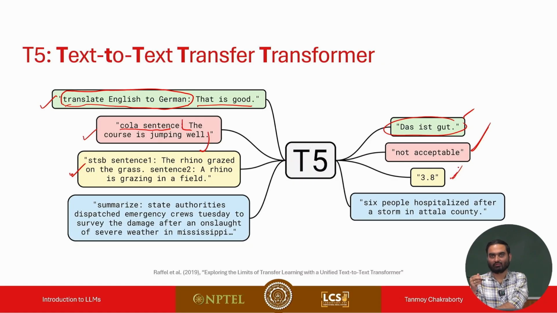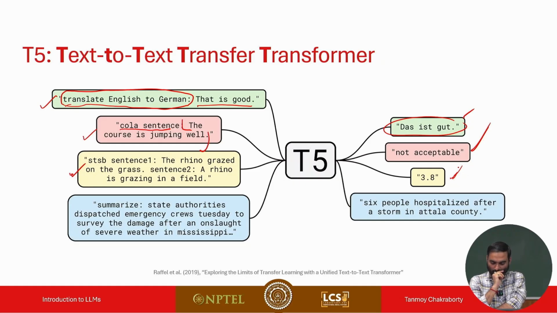Your output here, 3.8, is essentially a string. So you are forcing your model to produce 3.8. You are not predicting a number, you are basically predicting a string. And Colin Raffel, the first author of this paper, said in one of his talks that, you know, believe in this framework, it actually works.